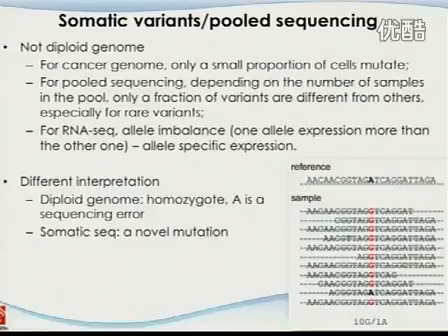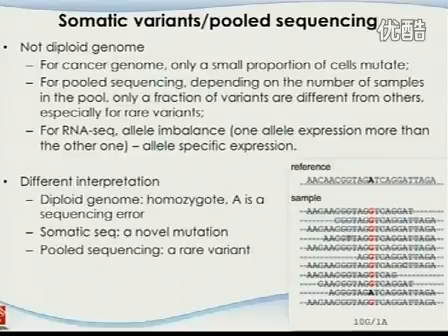For somatic sequencing, for the cancer cells, for example, this may represent a novel mutation that is only present in a small percentage of cells. Does that make sense? Okay. And for pooled sequencing, this is a rare variant. If I have 100 individuals pooled together and I observe this, of course the depth should be much higher than this, and then this represents a rare variant.